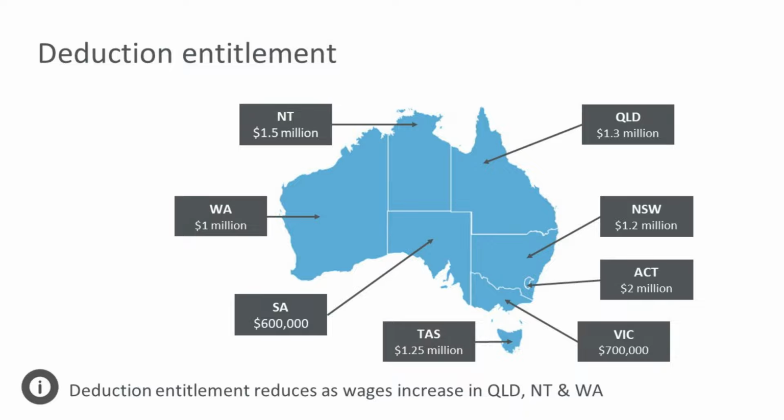Additionally, in South Australia, the deduction entitlement is not the same as the annual threshold. Please contact those revenue officers directly for more information if you employ in any of those jurisdictions.